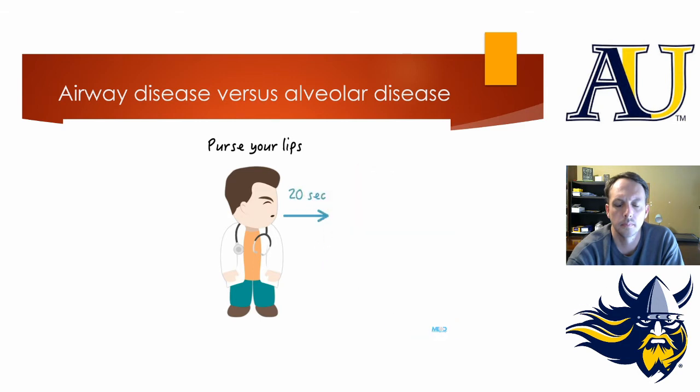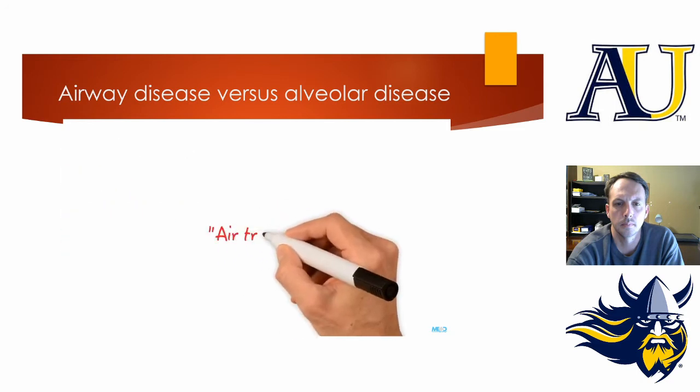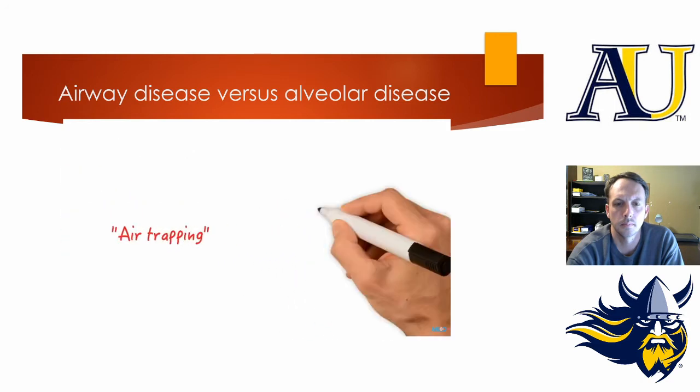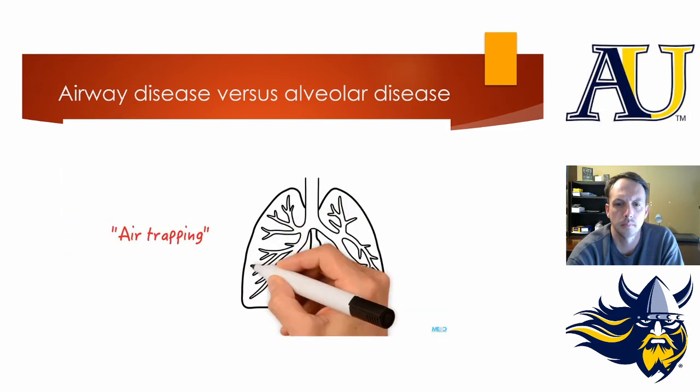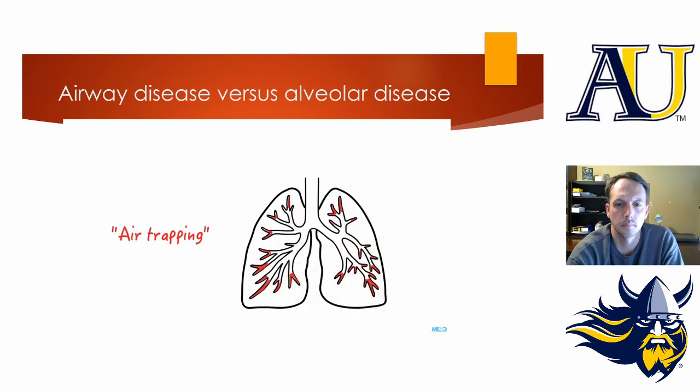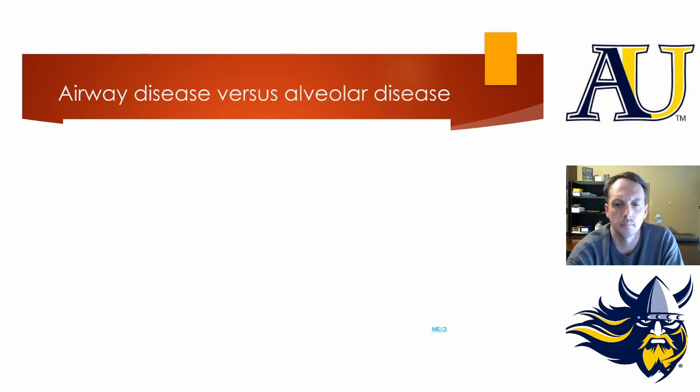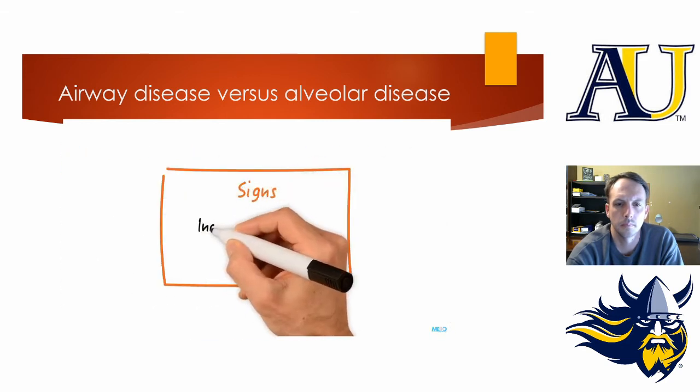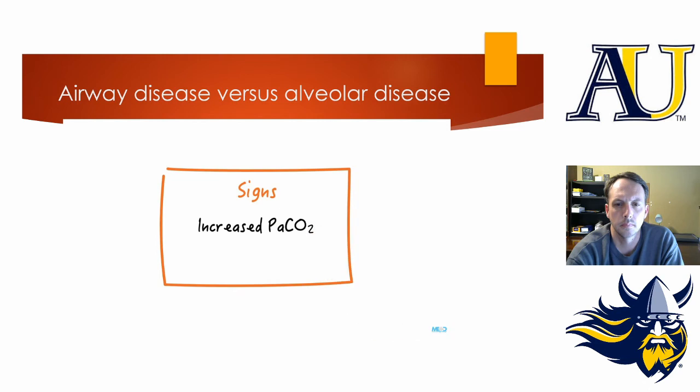So airway disease patients will actually be at risk of air trapping. This is where accumulated volume over a long period of time actually stays trapped in the lung. This also means that CO2 is not properly being ventilated out, since some of the volume which is supposed to carry out the CO2 is being trapped. So look for these types of patients to have higher than normal levels of CO2.